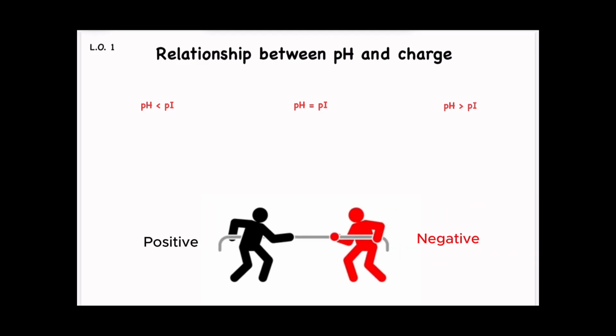You guys might have been able to see from the previous slide how, depending on changes in pH of the solution, the charge on our protein is actually going to change when the pH crosses those pKa thresholds. For example, if our pH is less than our pI, which is what we're seeing here, remember that the pI is when the protein has a net charge of 0, we're going to see a positively charged protein.